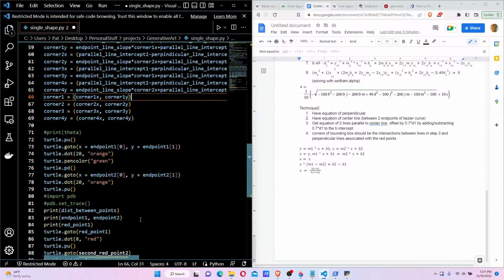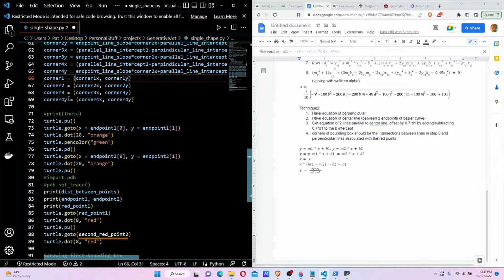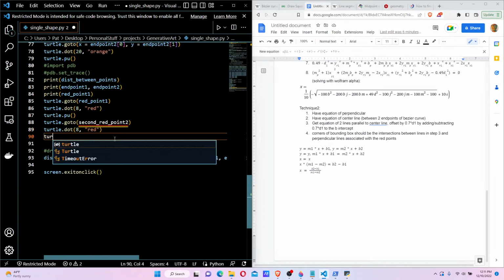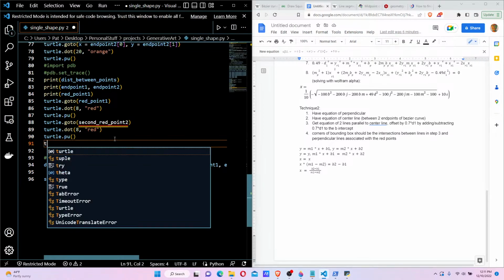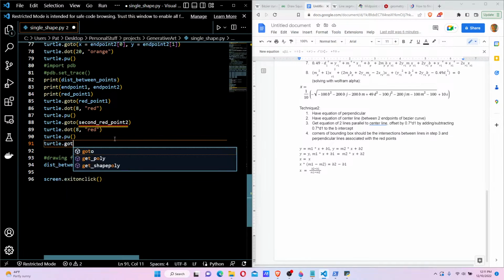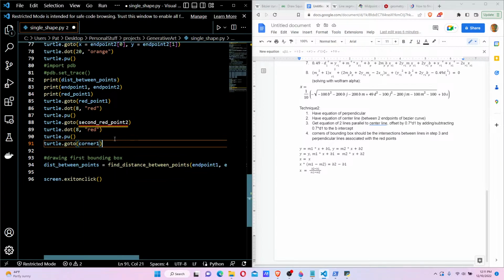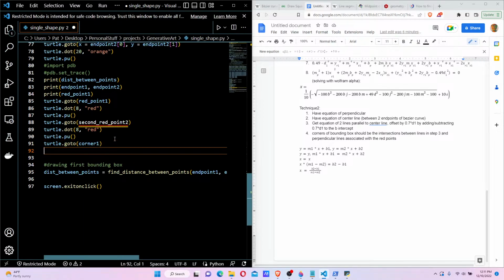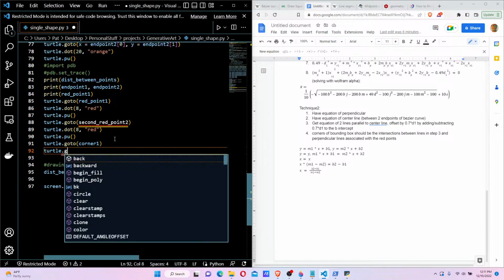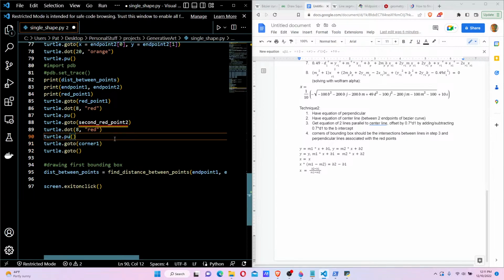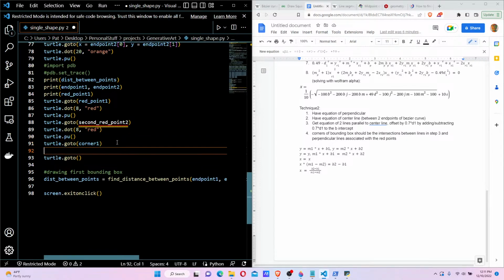Now, let's see how they do. So corner 1, corner 2, corner 3, corner 4. Then draw that second red dot. Then turtle pick up. Turtle go to corner 1. So I guess then put down after we go to corner 1.